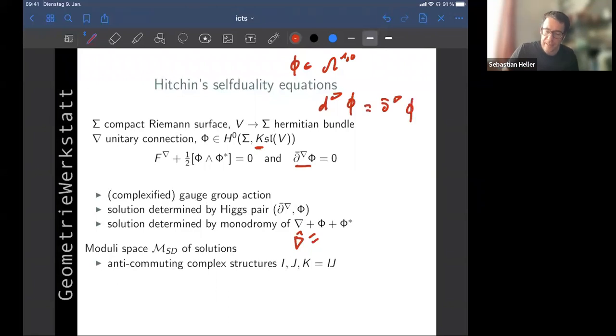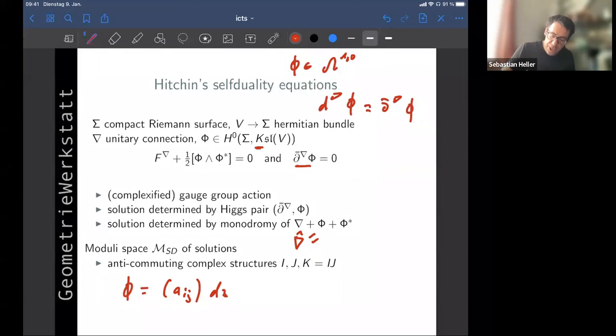So in local coordinates, you write phi as some matrix a_ij times dz, and the bundle should be trivialized with respect to the holomorphic frame of the bundle.